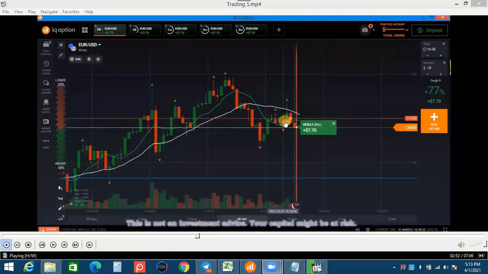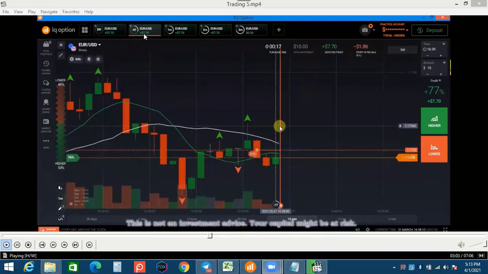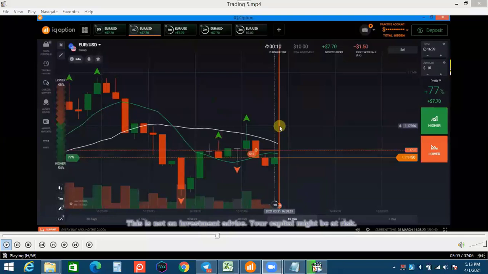That was the secret. Now, when the second minute comes, first trade closed, 1 minute expiry remains on the second trade, right? When the second trade is closed, the third trade will remain with 1 minute expiry. So every trade has a different expiry.